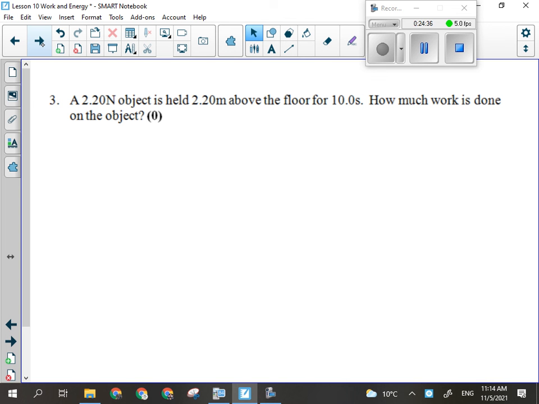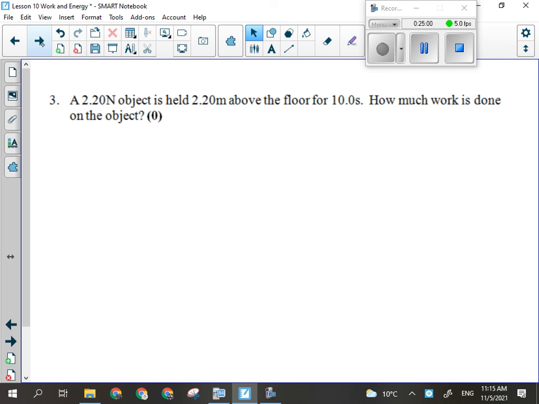This is an important one to think about. I hold an object 2.2 meters above the floor for 10 seconds. So I'm doing this. How much work am I doing?